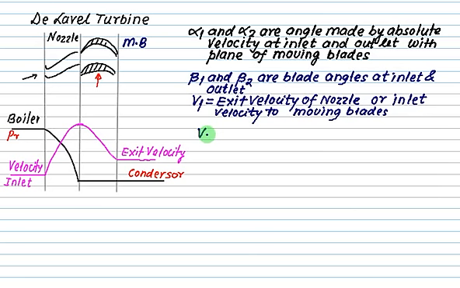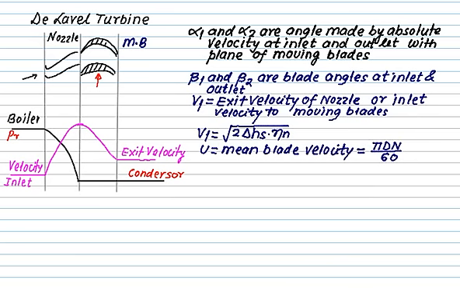V1 is normally obtained using the equation square root of 2 times delta Hs multiplied by nozzle efficiency, where delta Hs is the isentropic drop in the nozzle. U is called the mean blade velocity. It is usually given by pi D N by 60, where D is the mean diameter of the moving blade.